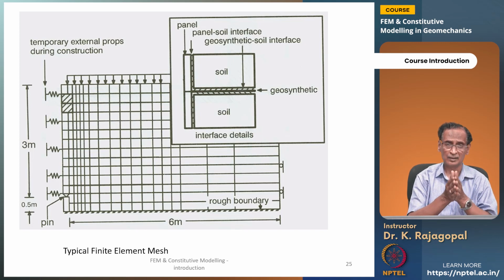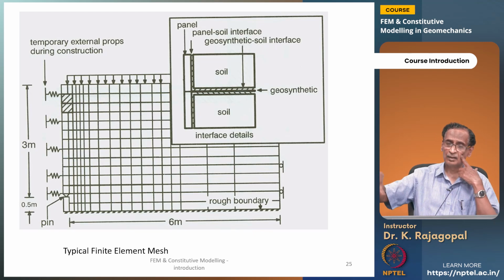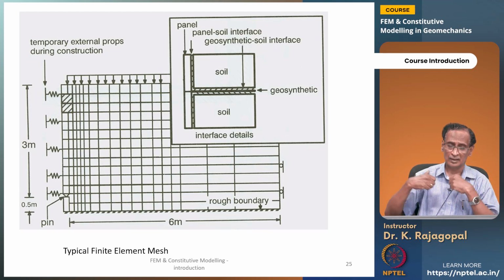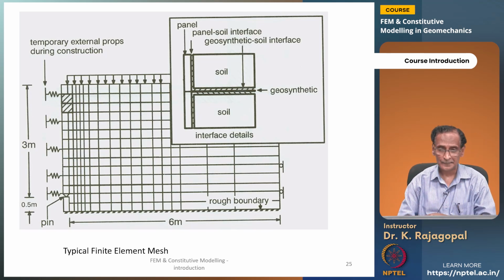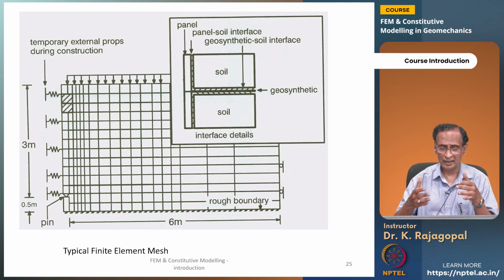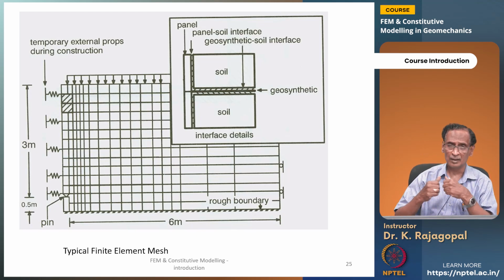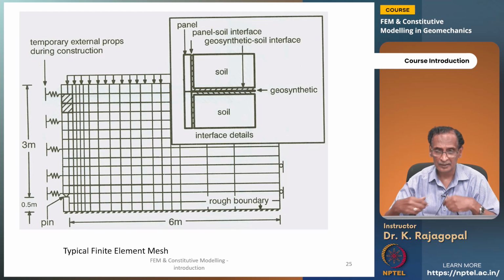The facing panel itself is a very strong material. Then similarly the geosynthetic has a much higher tensile strength, whereas the soil has only compressive strength. It has only some shear strength, it does not have any tensile strength.